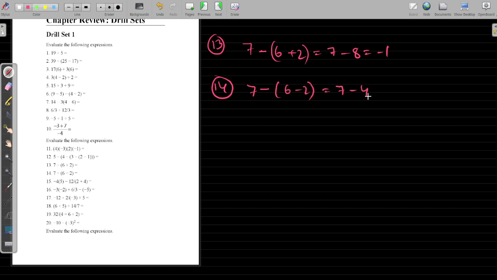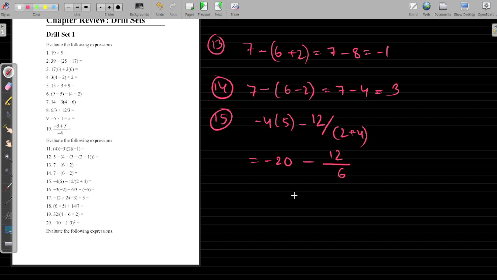So 7 minus 4 means 3. Then number 15 is minus 4 multiplied by 5 minus 12 divided by 2 plus 4. What does it mean? It means minus 20 minus 12 divided by 6. So minus 20 minus 2, this means minus 22.